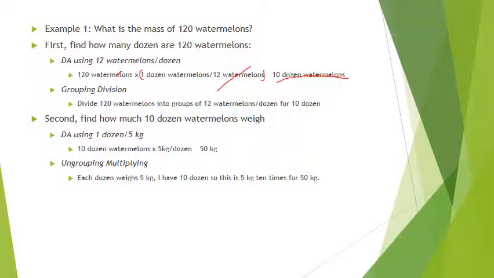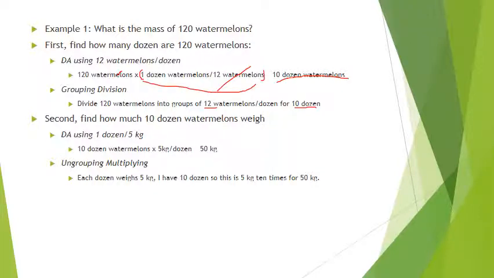Using grouping, I want to find out how many dozen this is, so I divide the 120 watermelons up into groups of 12 watermelons, and I end up with 10 dozen. Either way I have 10 dozen. You could use a ratio method as well to solve it.